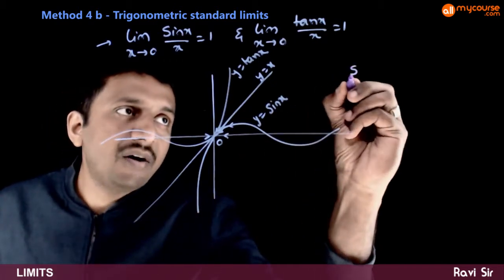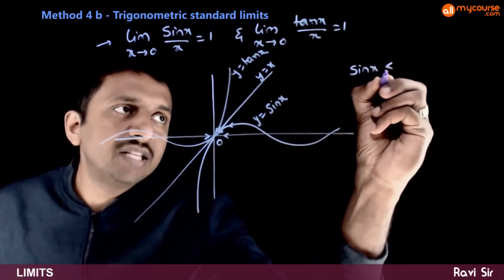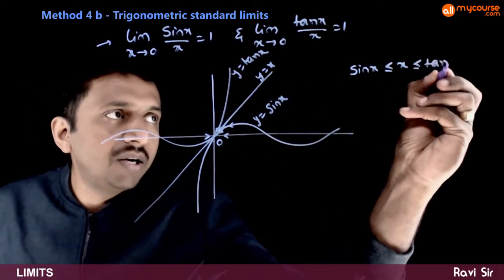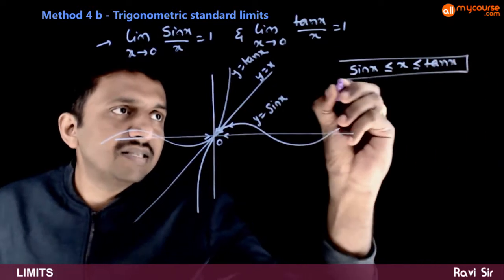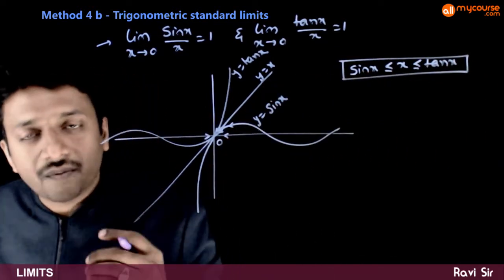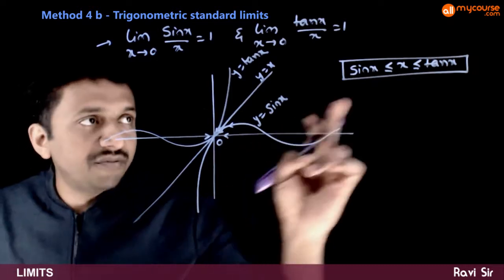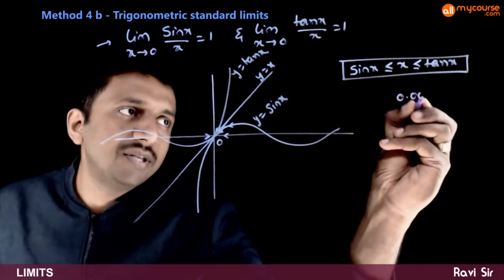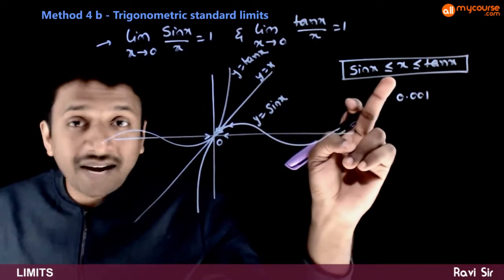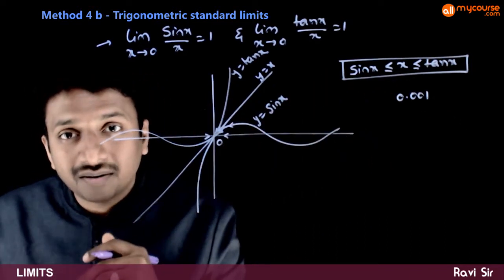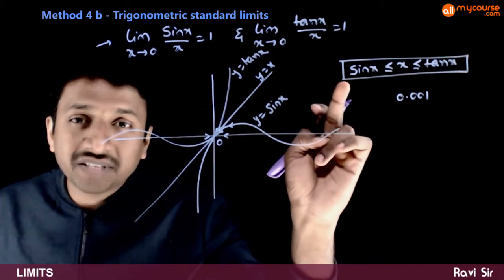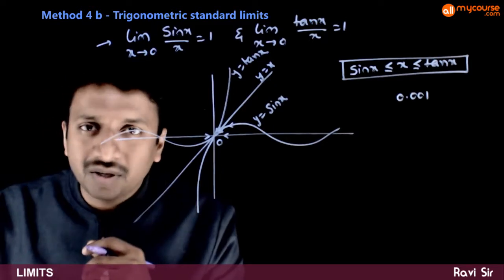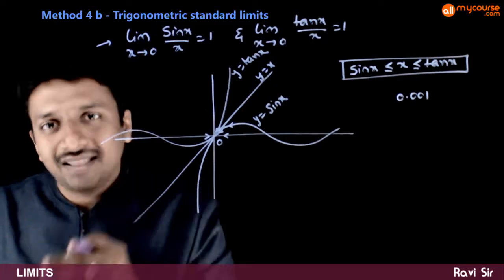That is, the value of sin x will always be less than or equal to x, which is always less than or equal to tan x. This is the order in which the values lie. If you take a very small value, for example 0.001, and find sine of 0.001, it will be very close to 0.001, but slightly less than that.